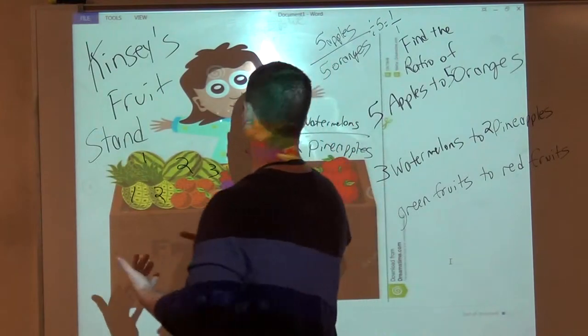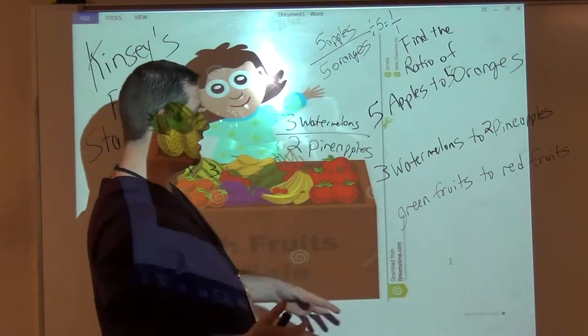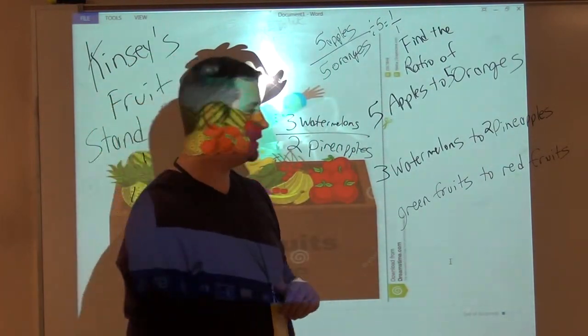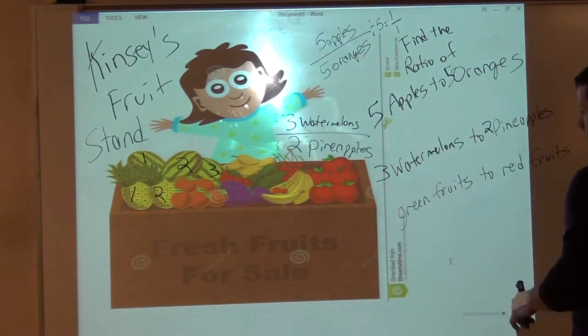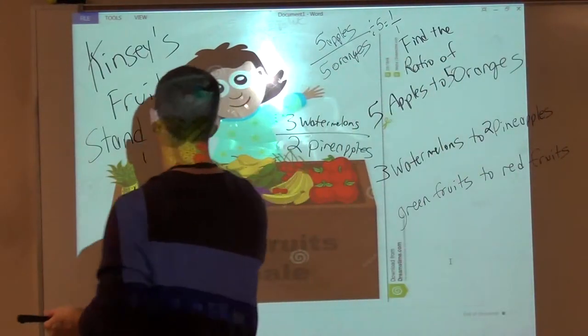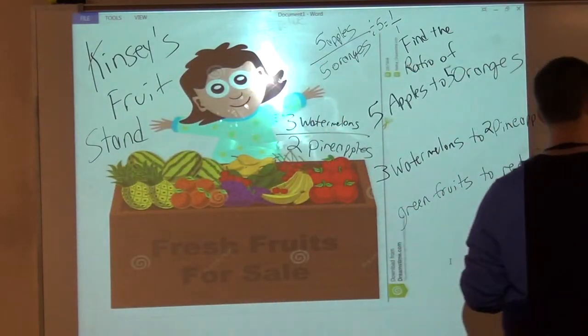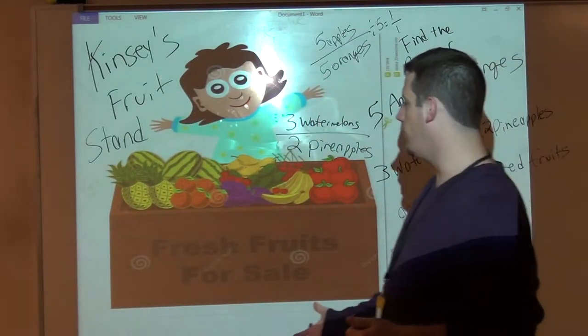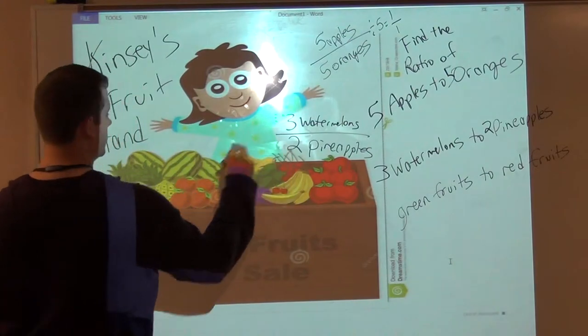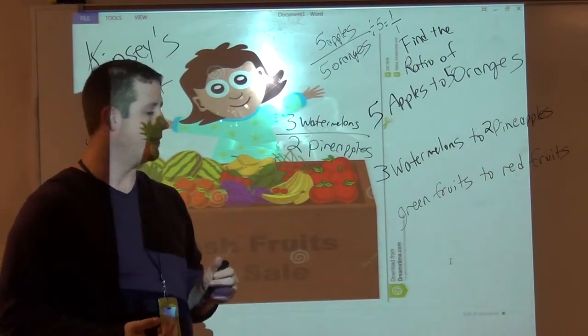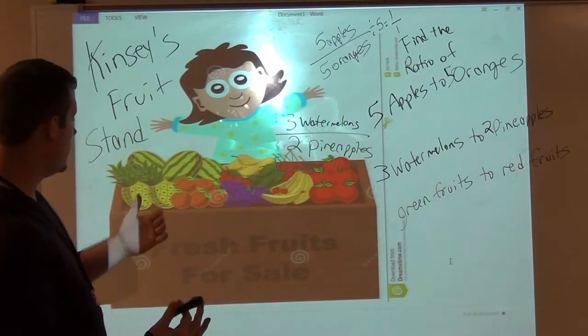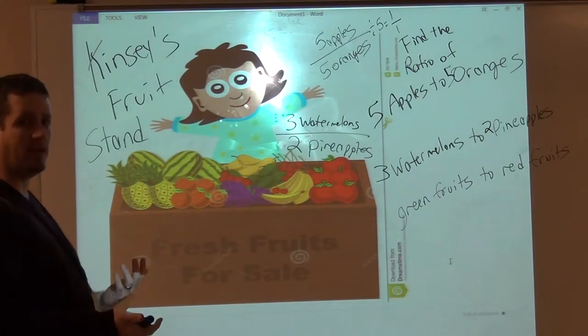Now, our final ratio question in our review is green fruits to red fruits. So we just have to do exactly what that says. We've got to find all the fruits that are green and all the fruits that are red. Some of these red fruits are pretty small, so they're difficult to count, so you just have to trust me when I count them. And with some of the green fruits, it's left up to your own opinion.